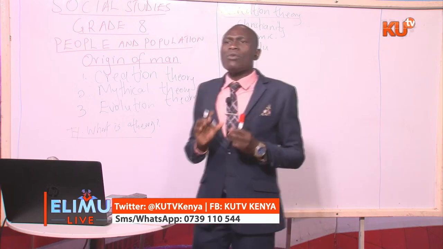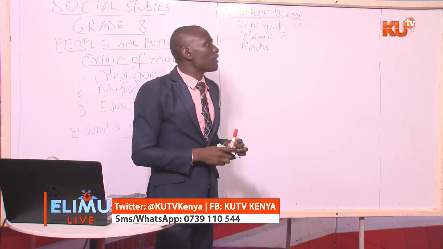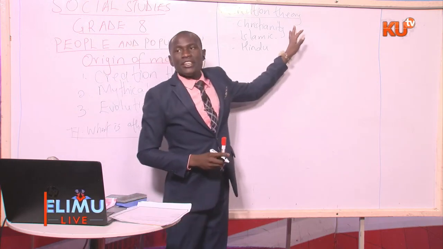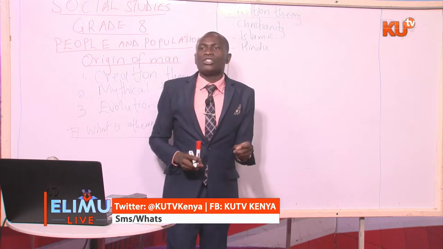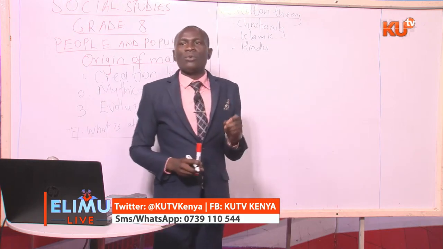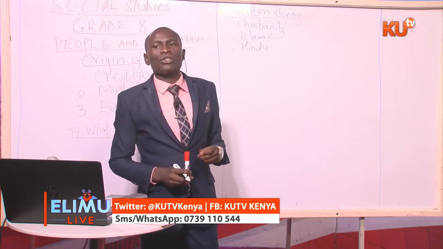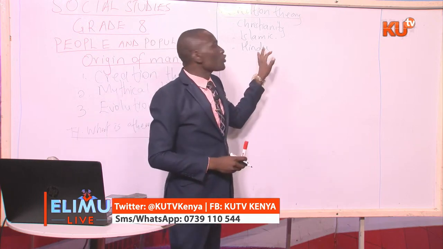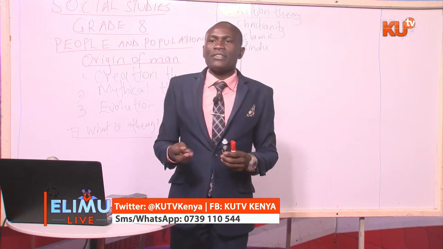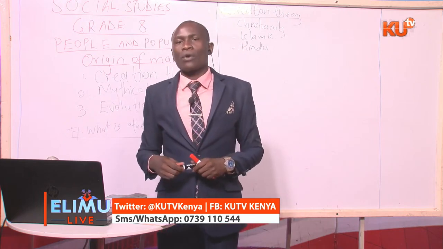So these are some of the religions that we have in our community. Now, Christians have their own way in which they believe about the origin of man. Muslims have their own way, and also Hindus have their own way that they believe their first person came from.